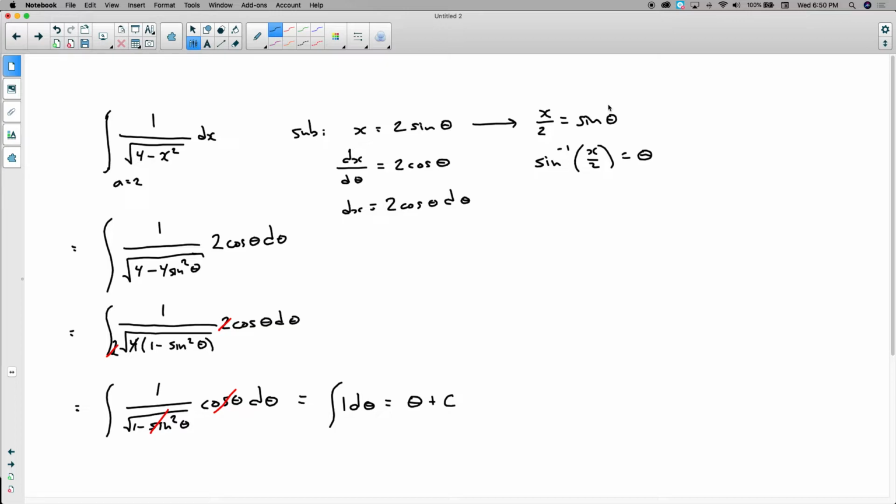And just in case some of this is bothering you, the way I usually would explain it would be that the sine turns an angle into a ratio, and the arcsine turns the ratio back into the angle. And that might help you wrap your mind around that part. Okay, and finally back substituting to get the answer.